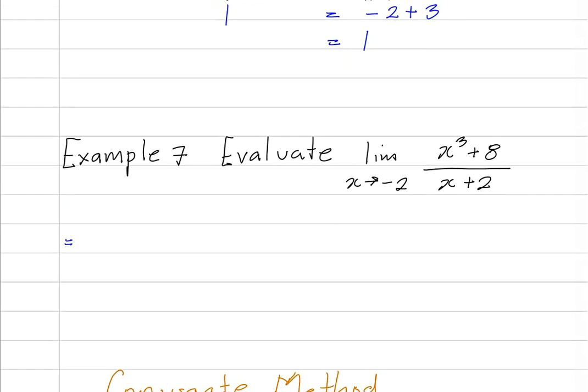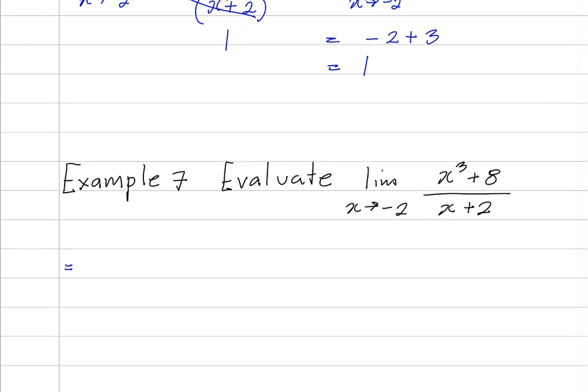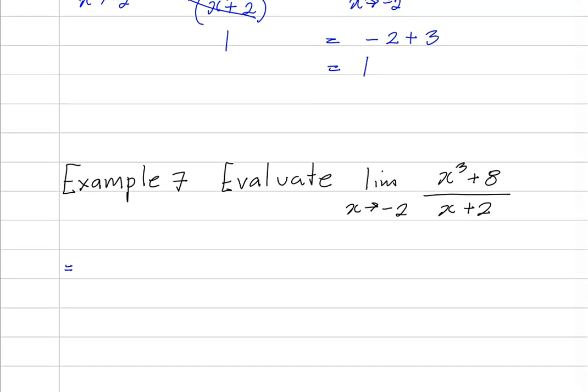Alright, here we have x cubed plus 8. So we need to remember how to factorize x cubed plus 8, or how to factorize the sum of two cubes. I think this is how it factorizes. So this is the same as saying the limit as x approaches minus 2 of x plus 2.